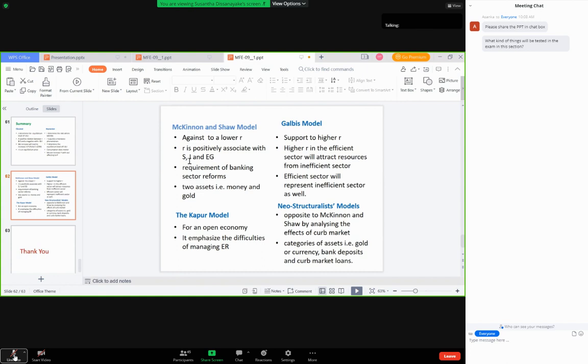So they are saying high interest rate. It is obvious, we have no doubt that saving goes up when the interest rate is high. So how will investment go up? Since they are talking about financial reforms, their thinking angle is different.